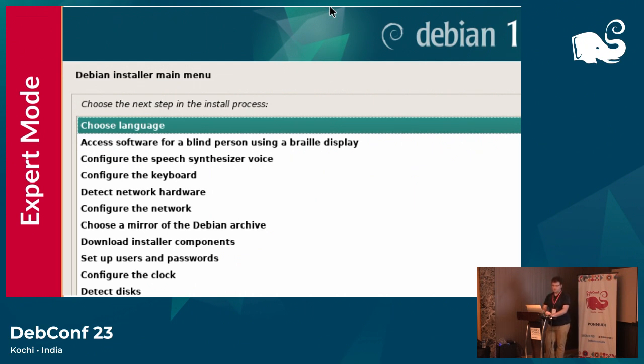You can get to this menu from the normal installer by pressing escape, and it will show this. And if you go down here, there's a DebConf priority setting that you can set to low to switch into expert mode from normal mode.